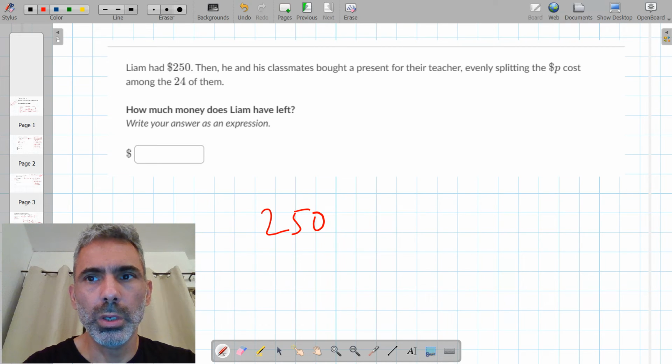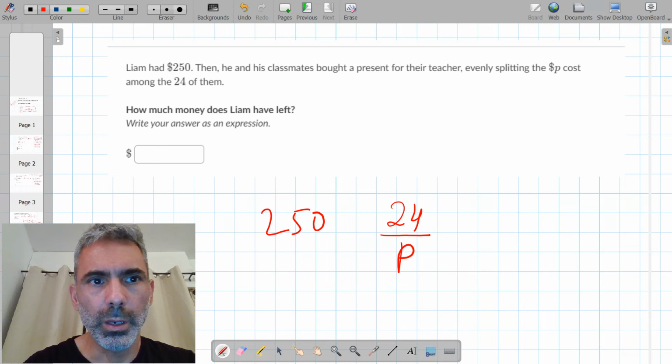So each of the students in Liam's class paid 24 divided by P. There are 24 students, and P is the cost. So 24 divided by P is the share that was paid by each of the students.